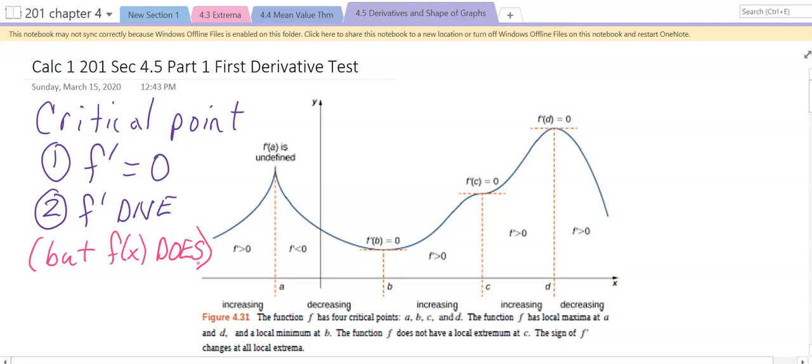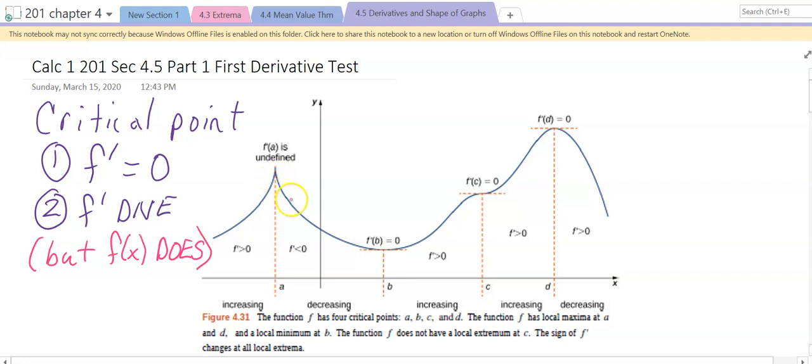If we look at the graph here in section 4.31, we see that we have several critical points occurring at x equal a, x equal b, x equal c, and x equal d. Let's remind ourselves of what these are like. At the point x equal a, we see that the original function f has a cusp.